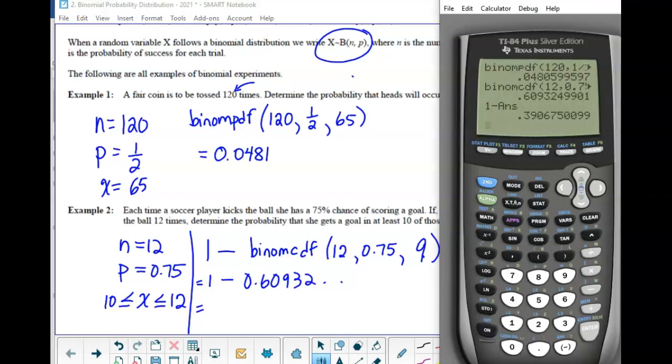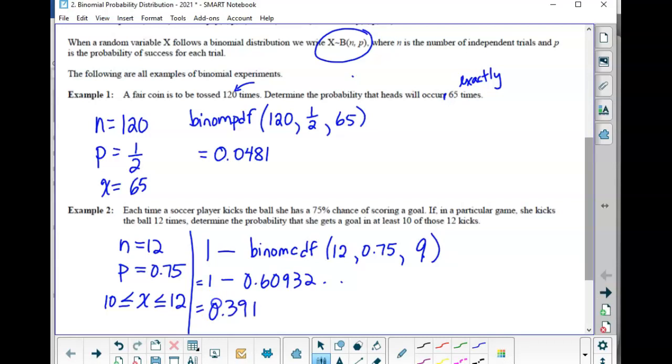And then we'll round at the end, 0.391. In terms of notation, you can call this the probability of, well, I guess you could go x equals 10, 11, 12.